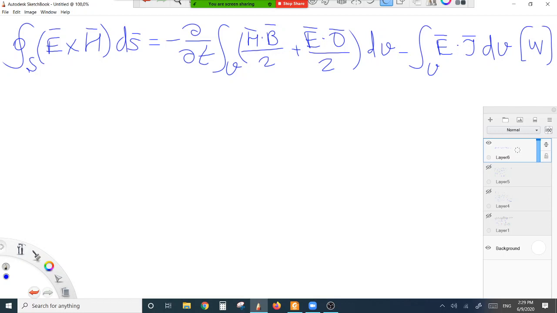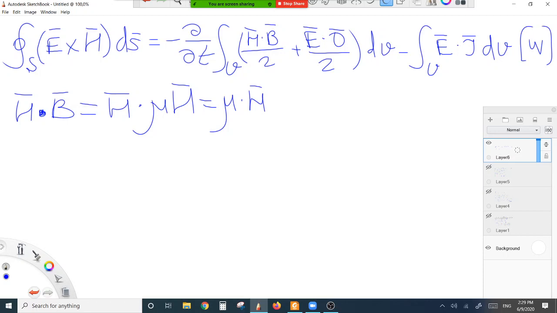And so, if we perform scalar multiplications, H dot B is mu multiplied by H dot H. This will be equal to just mu H squared without vector.